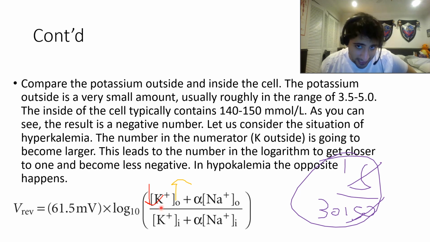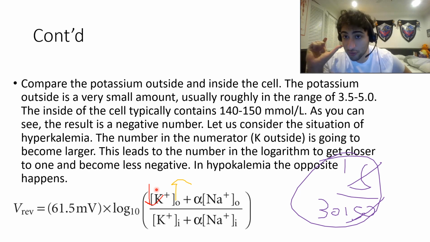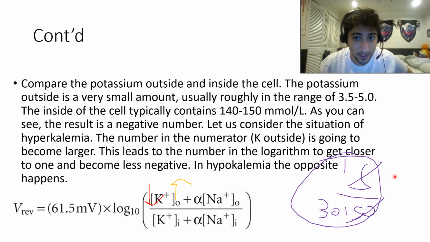Whereas with potassium, because it's already so small outside the cell to begin with, very minute changes can have catastrophic effects. If you go from 3.5 to 2.8, that is a dangerously low potassium, and it can cause problems. I've had a patient who died that way.